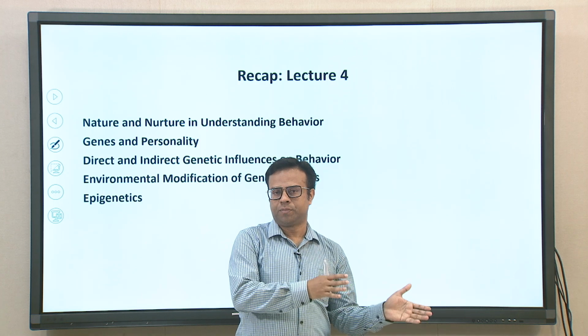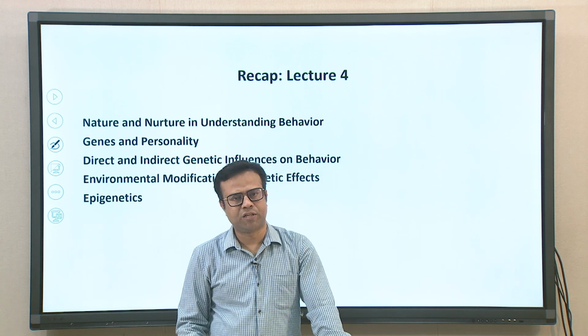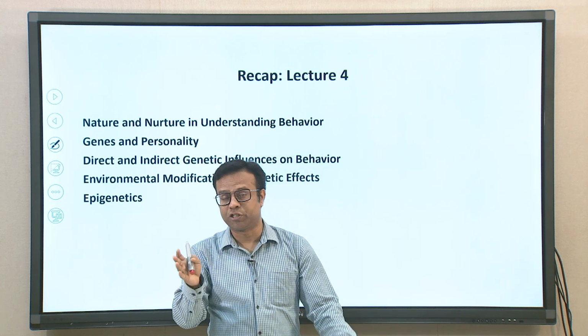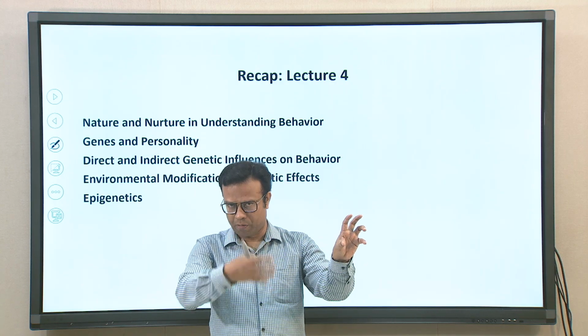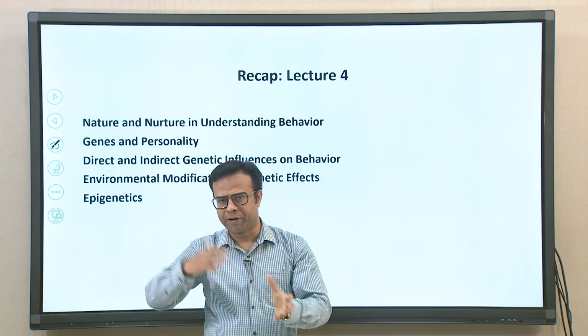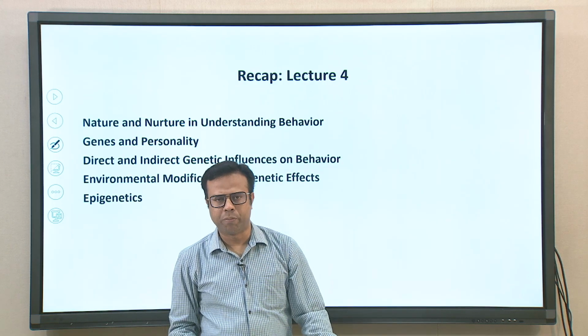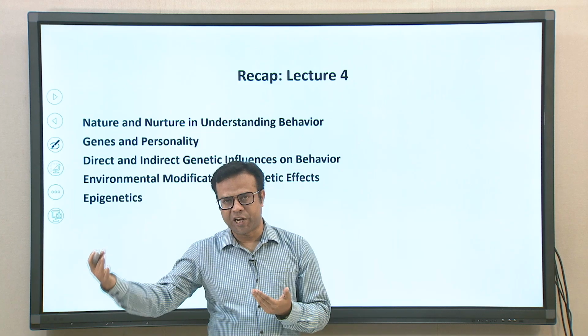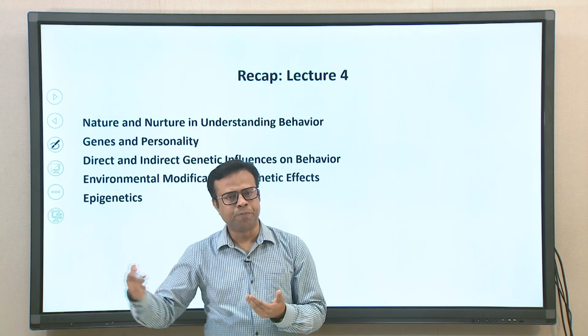In the last lecture, lecture number 4, we discussed the concept of nature and nurture in terms of understanding behavior: what is the contribution of genetics or biological aspects, and what is the contribution of environmental aspects in determining human behavior. More specifically, we discussed the role of genes in shaping personality, traits and behavior.